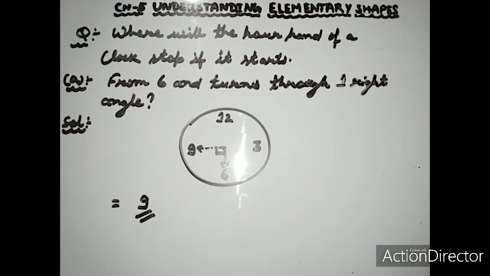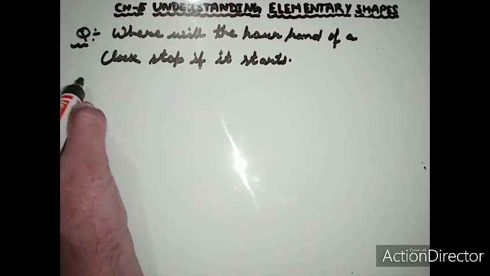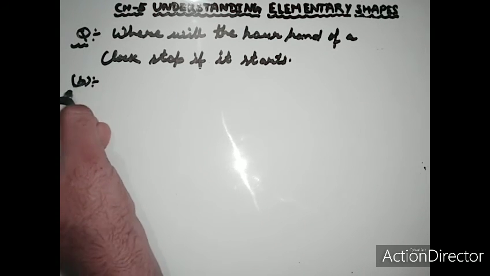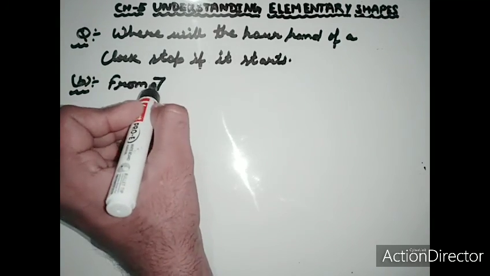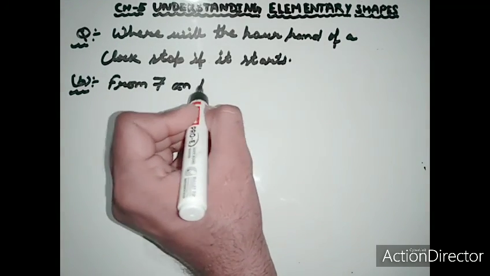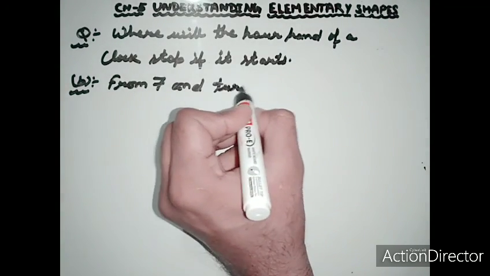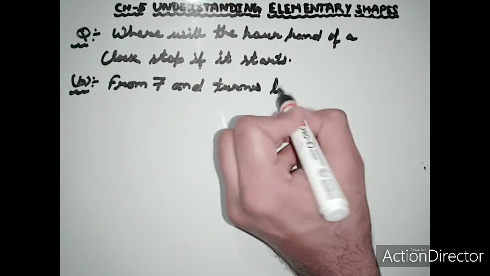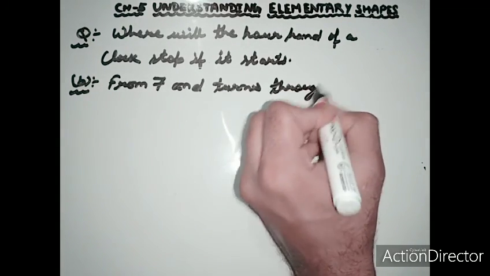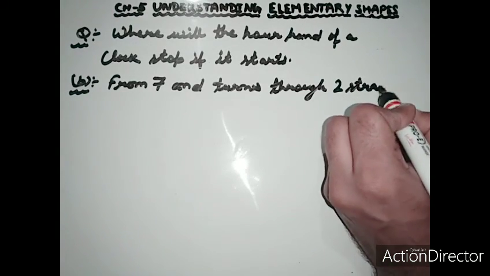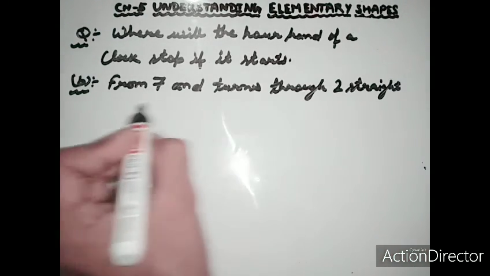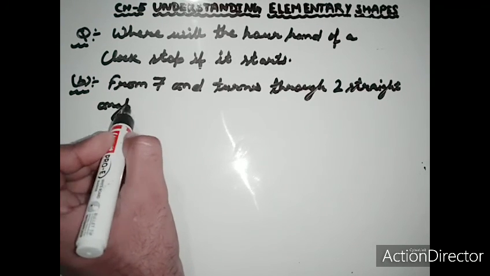Now we take another example here, and the second part of this question, B part of this question, from 7 and turns through 2 straight angles.